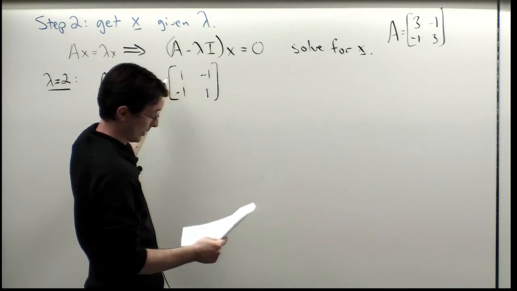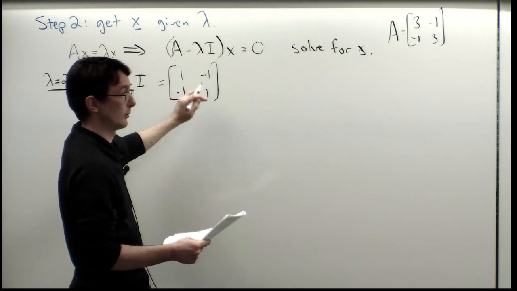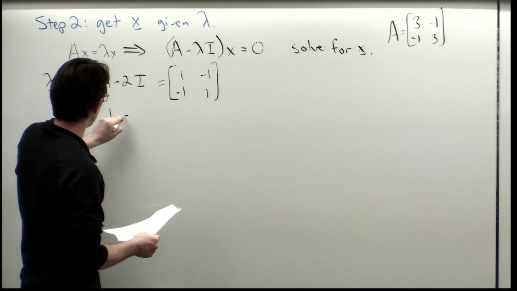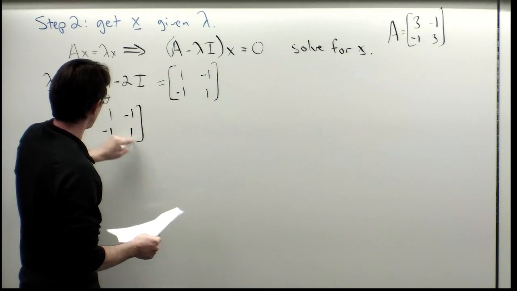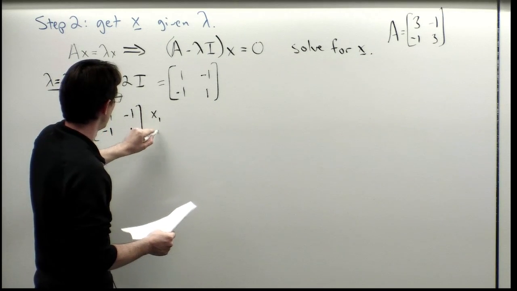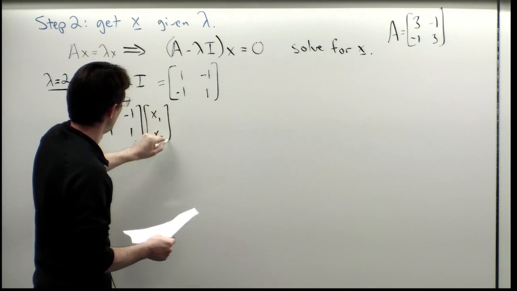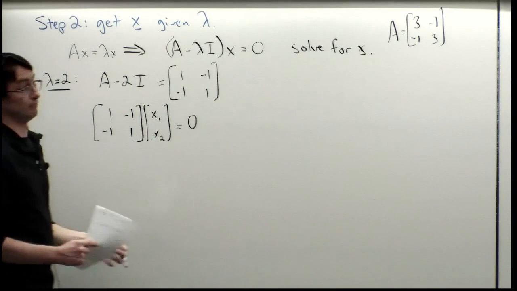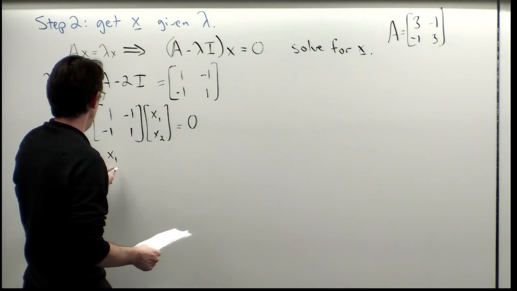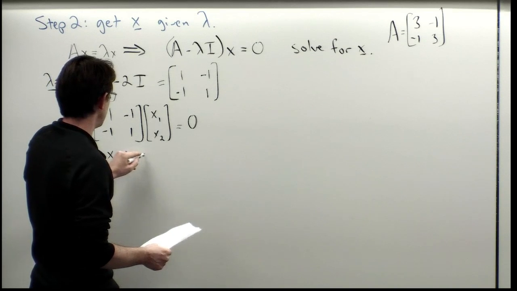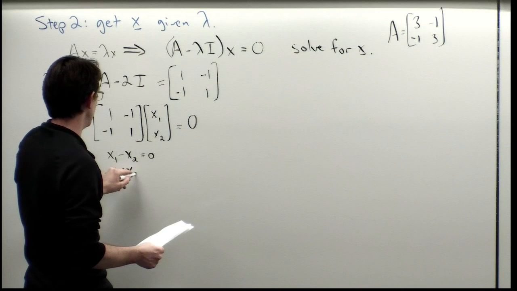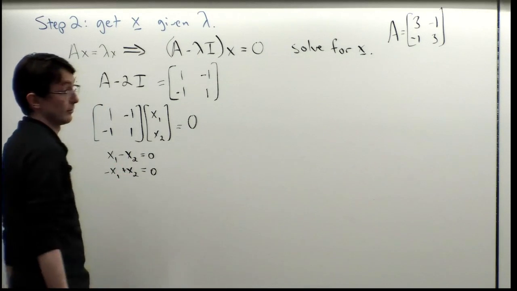So this matrix, we're going to solve (A minus 2I) times x equals 0. What we get is that x1 minus x2 has to equal 0, and minus x1 plus x2 has to equal 0.